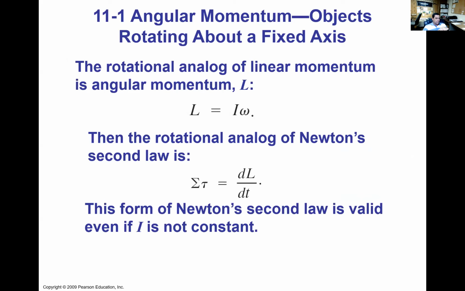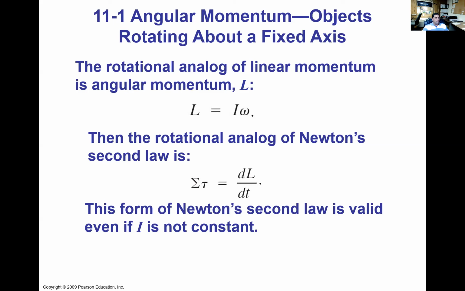So for rotation, angular momentum is given by the variable uppercase L. L is equal to your moment of inertia times your angular velocity. Okay. So L, uppercase L, is angular momentum, moment of inertia times angular velocity.